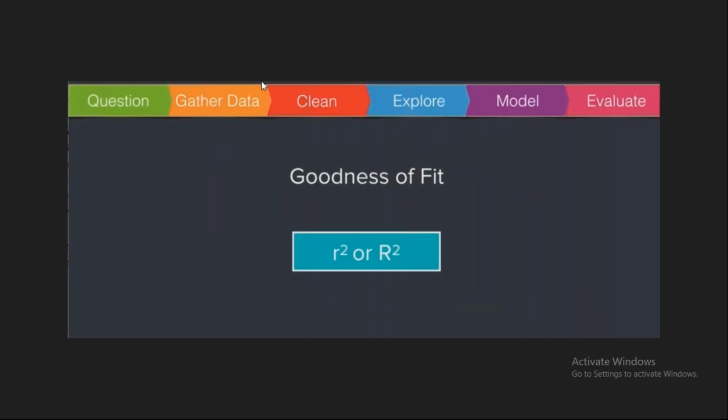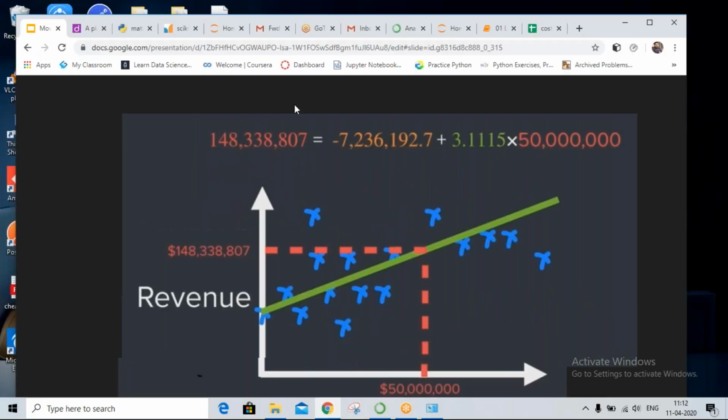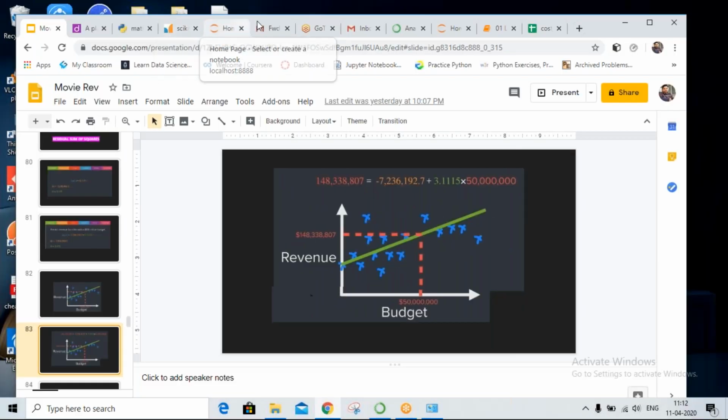So that's it. Now we have this value, but we want to make sure how accurate these predictions are. But before we do that, let's fit the prediction line on our previous points.